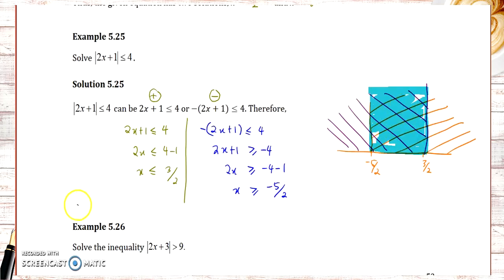Therefore, the solution are the real numbers in the interval of x greater than or equal to negative 5 over 2 and less than or equal to 3 over 2.